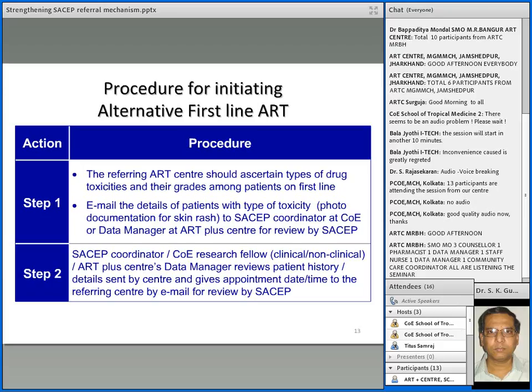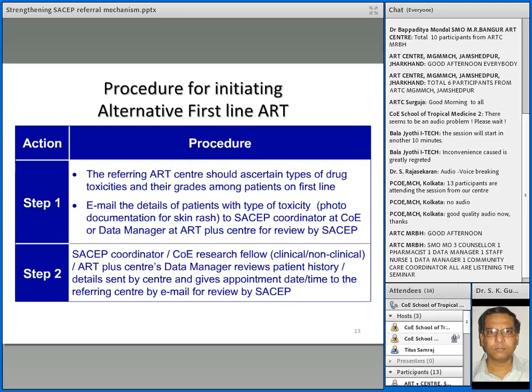So sitting in the SACEP, the members are often at a loss to find out the severity or extent of the rashes. These are important in decision making, so I would suggest that you use your cameras for capturing skin rash photographs.